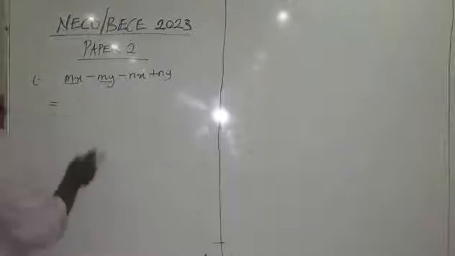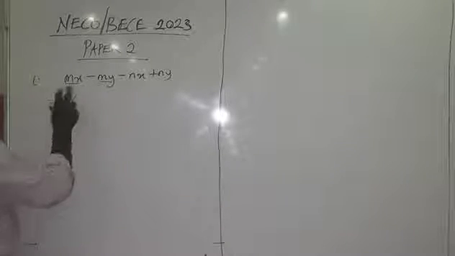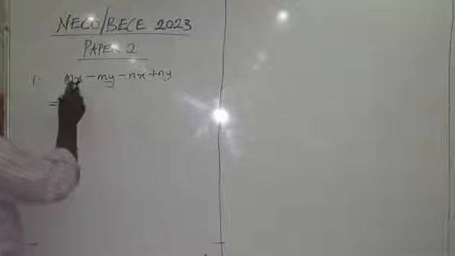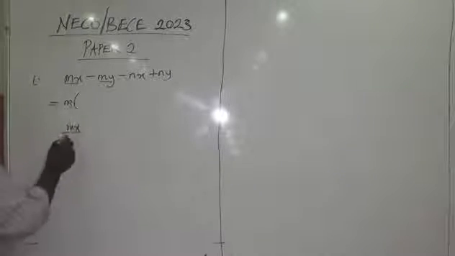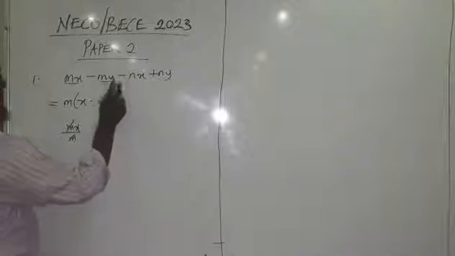So in this case, let's factorize it. M is common to this and this. When you divide mx by the common factor m, you're going to have x left. Minus, when you divide my by m, you're going to have y left. I hope this is clear. The minus is what we have here.